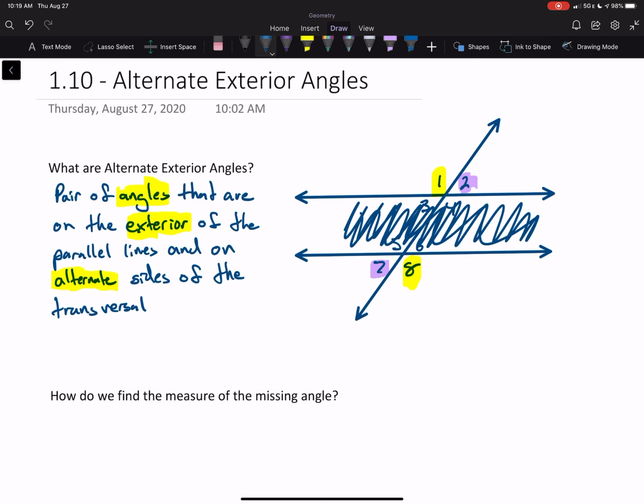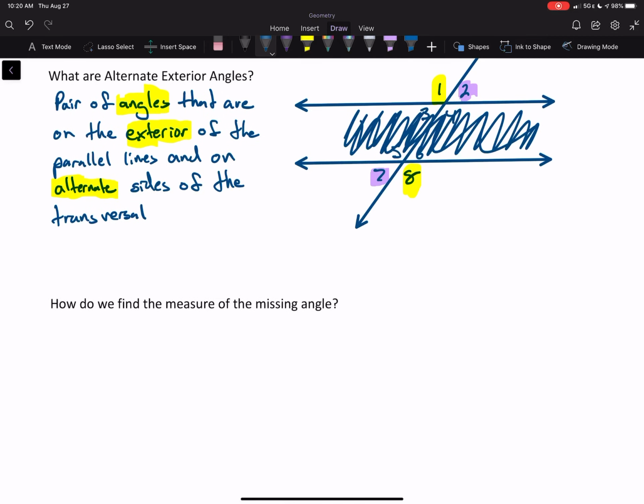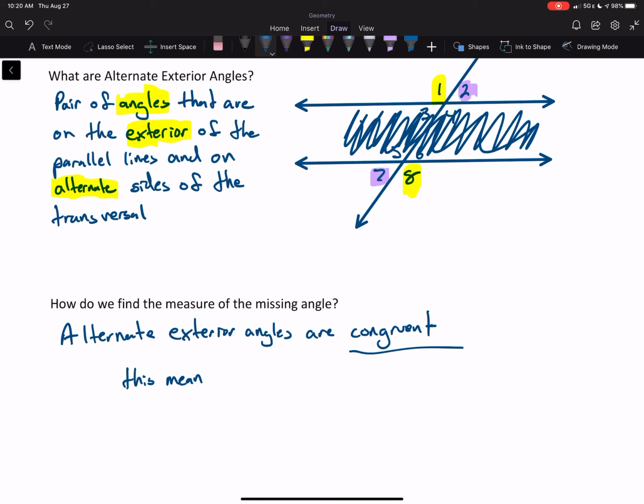All right, so how do we find the measure of a missing angle? Well, alternate interior angles, or exterior angles are congruent. And that's a math word. Sometimes math is like a foreign language, so you got to know some special words. This means they have the same measure.